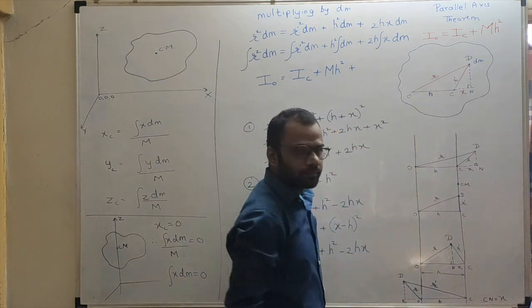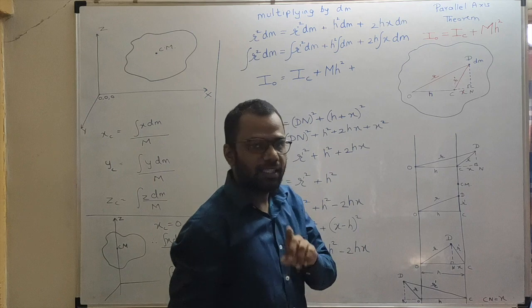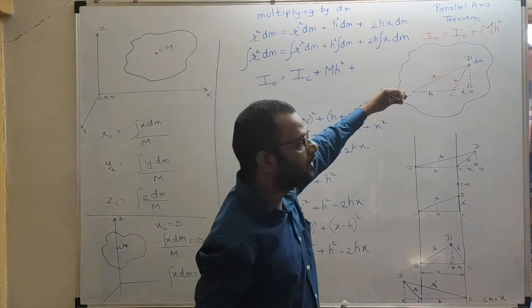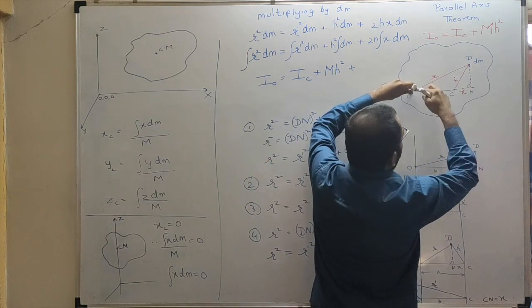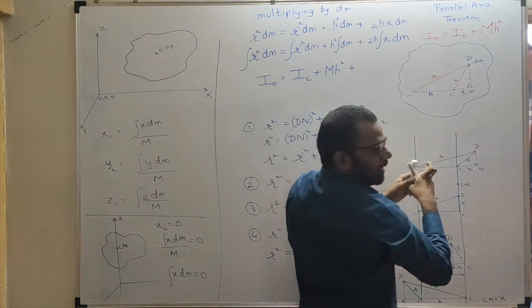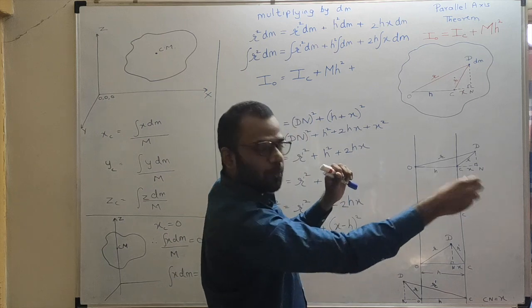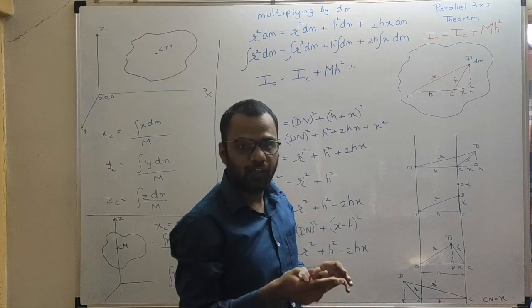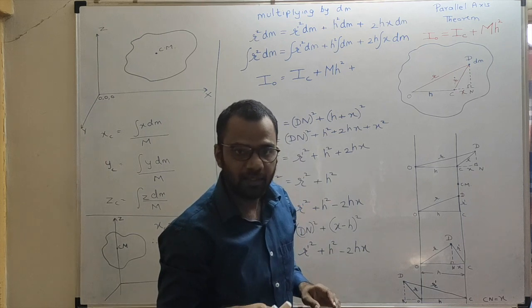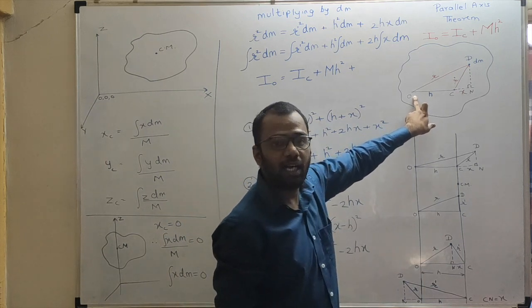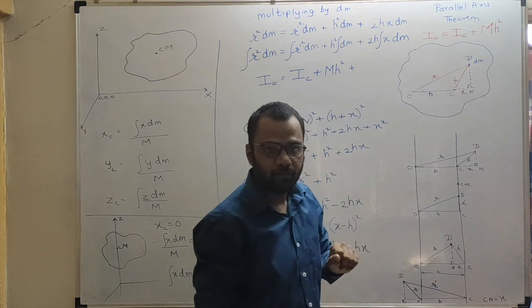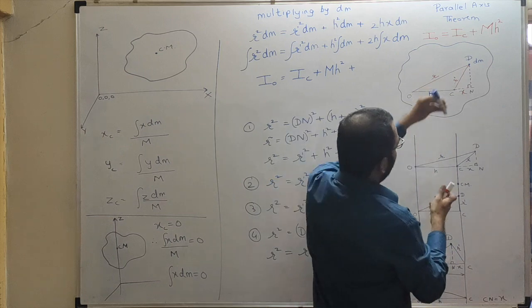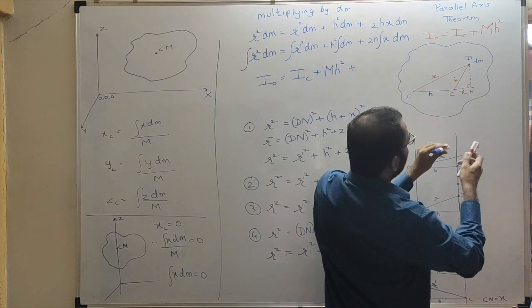So to find out moment of inertia about the axis passing through O, what we need to do? We have to take dm r square, another dm with its corresponding r square, another dm with its corresponding r square. We have to add all these things. So we'll get integration of r square dm. That will give us moment of inertia about the axis passing through O. In the same way, for the moment of inertia about the axis passing through the center of mass, I require the perpendicular distance.